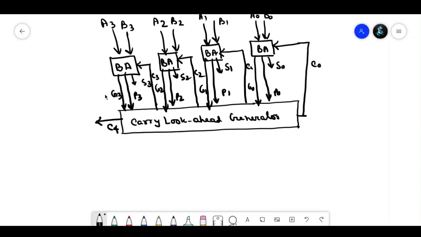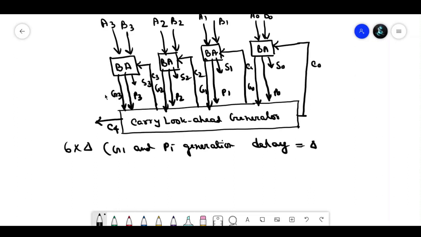Okay, so in this case the maximum delay for the carry look ahead adder will be 6 del. For GI and PI generation, the delay is del.